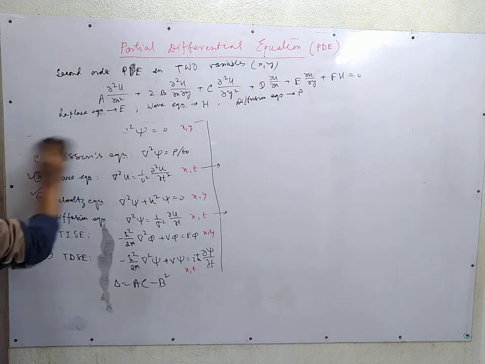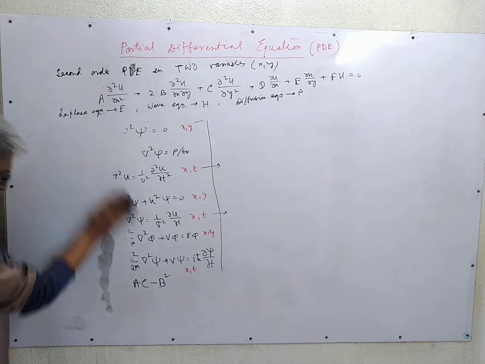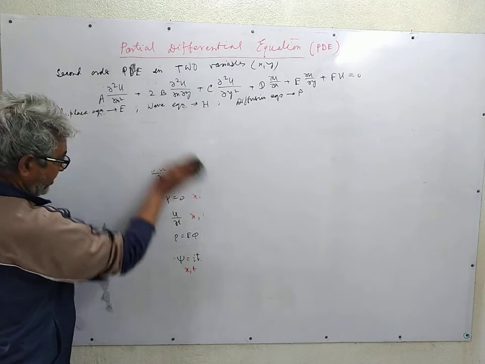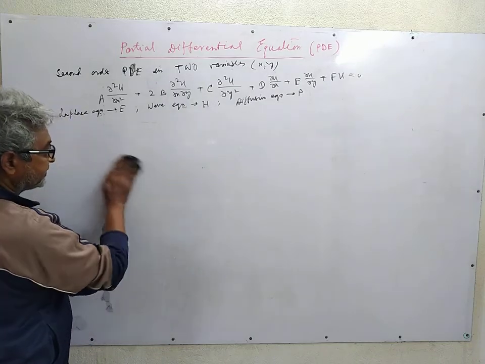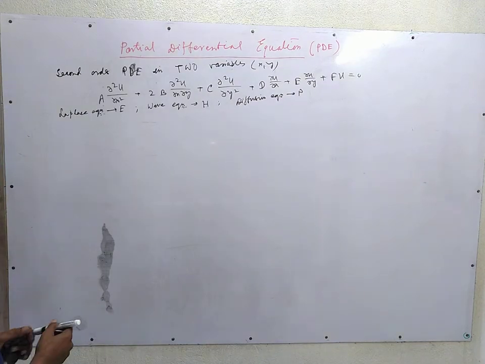Now we are going to define the nature of the partial differential equation, second order partial differential equation involving more than 2 variables.